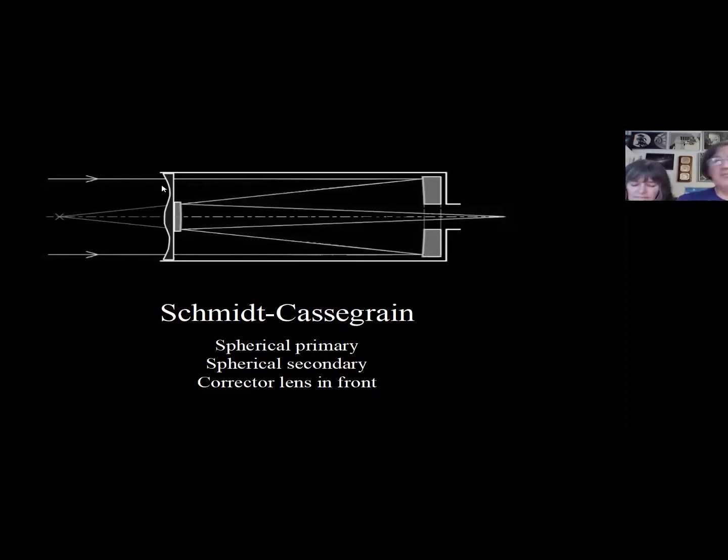He vacuum deformed the glass and then ground the glass flat. And when you let the glass spring back into shape, you get the corrector. And so the Schmidt-Cassegrain became a fairly popular scope.